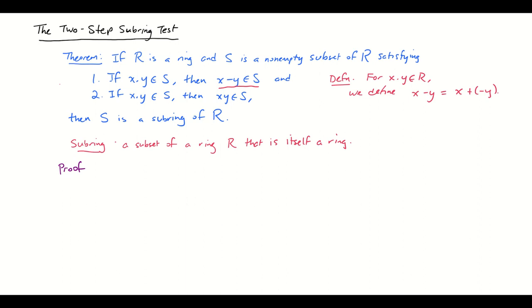This is the proof of the two-step subring test. So let's assume everything above. Assume R is a ring, S is a subset of R, S is non-empty, and S satisfies conditions 1 and 2.